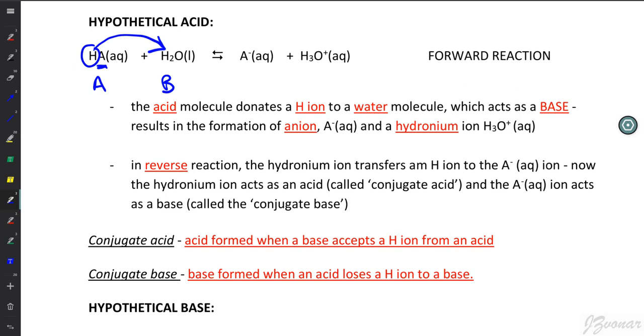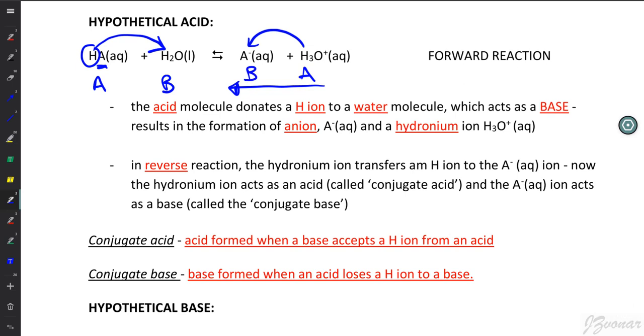Now in the reverse reaction, the hydronium ion, if we were to do the reverse reaction going in this direction, this too would be my acid because it would donate its hydrogen ion to the A negative anion. So therefore making this my acid and this my base.